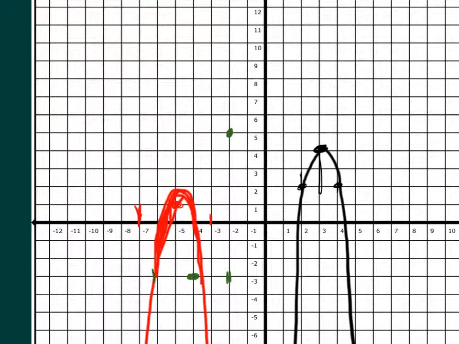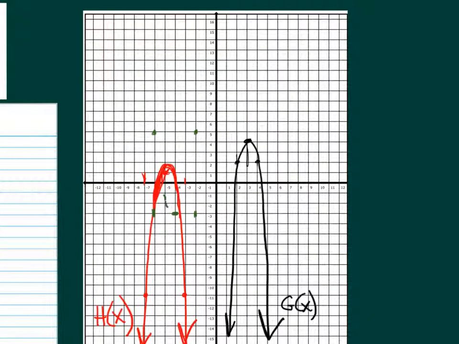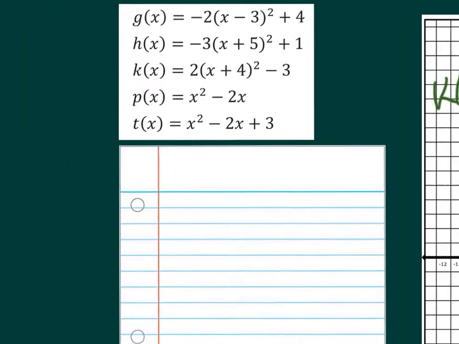If I put in a -6, what should I come back with? A 5. Alright, so we can draw that graph. Oh, that's a little bit curved there. That's nasty, but that's k of x.